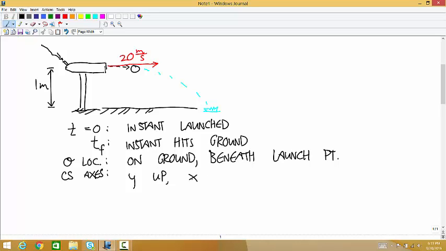I'm going to always choose the x-axis in the direction of motion. So horizontal in the direction of motion. So if you draw that, the coordinate system is down here. There's the origin. There's X and Y.